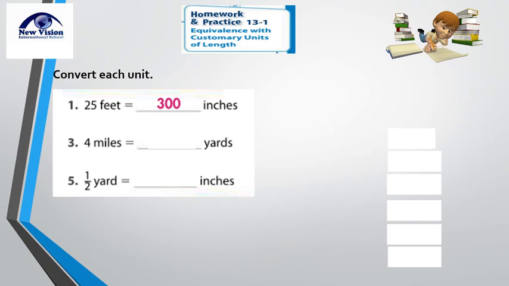Number 3. 4 miles equals how many yards? If your answer is 7,040, you are correct. Number 5. 1/2 yard equals how many inches? What is your answer? Great, 18 inches.